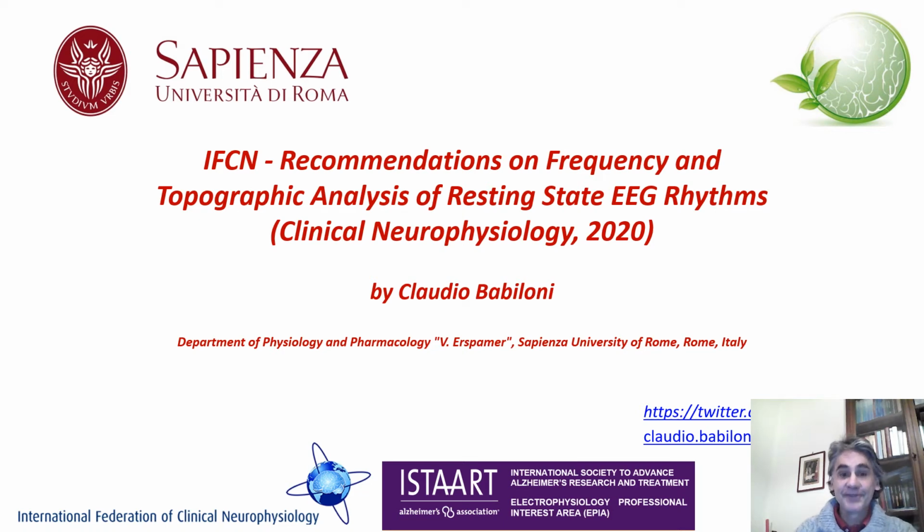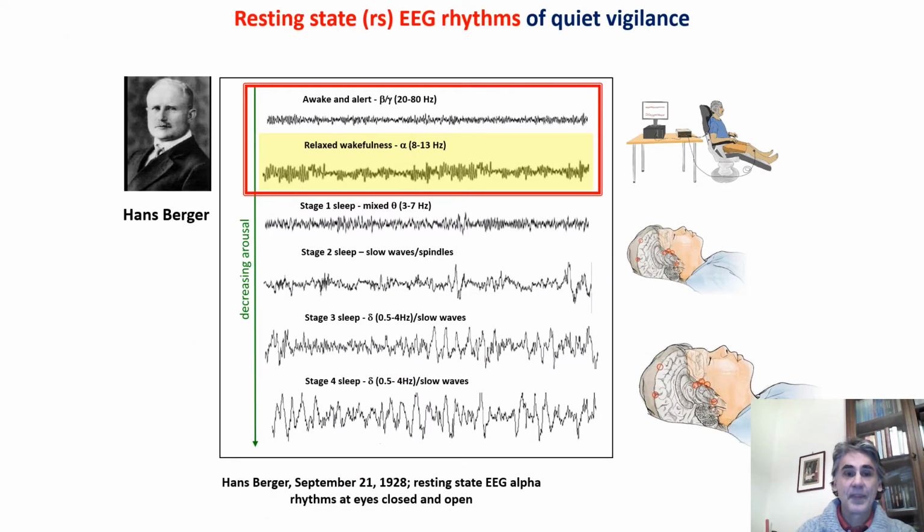Good afternoon. The title of this presentation is International Federation of Clinical Neurophysiology Recommendations on Frequency and Topographic Analysis of Resting State EEG Rhythms. The resting state EEG rhythms were described for the first time by Hans Berger, an Austrian psychiatrist, in 1928.